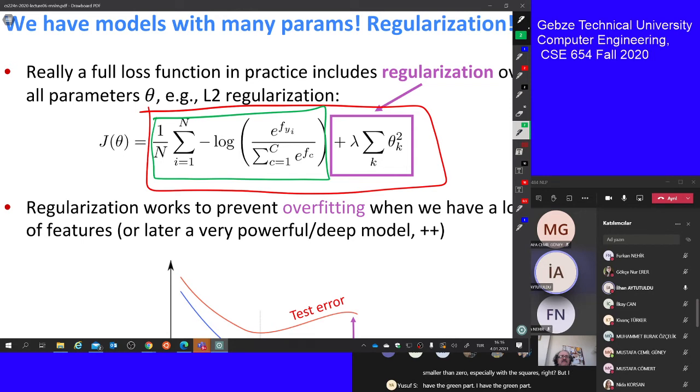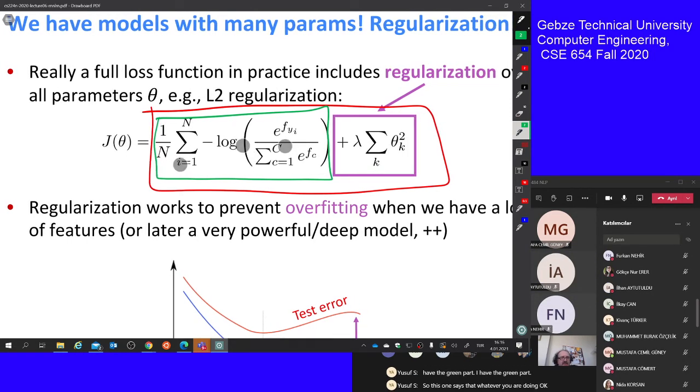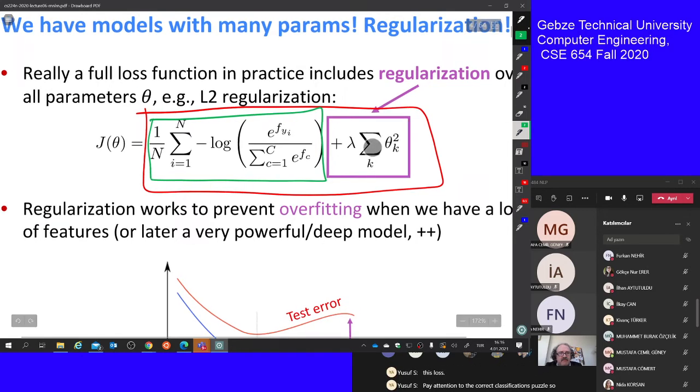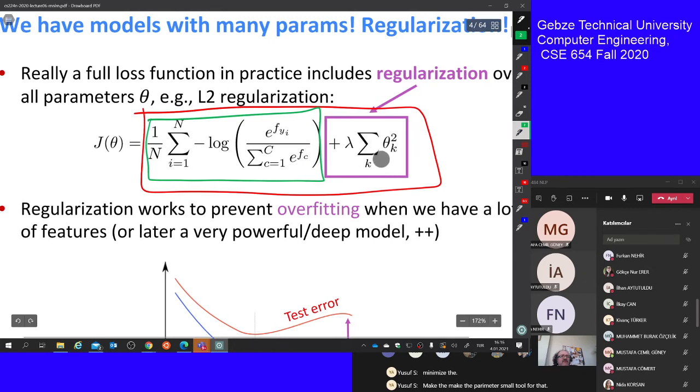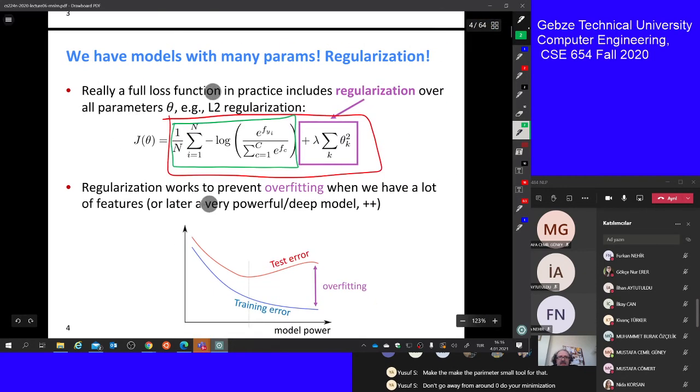So this one says that whatever you are doing, minimize this loss, pay attention to the correct classifications, but also try to make the parameters small too, so that they don't go away from around 0. Do your minimization around 0. This is called the regularization over all the parameters, L2 regularization.